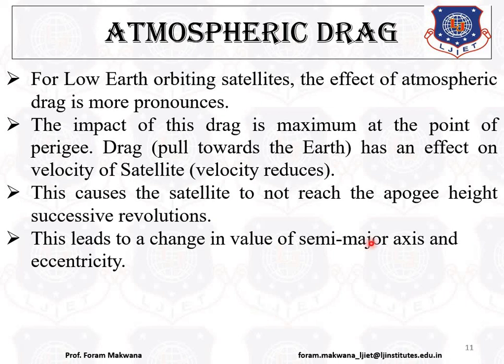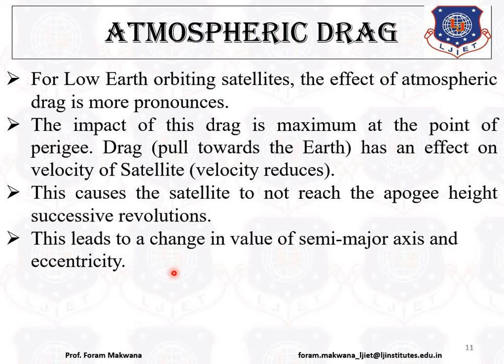This drag has an effect on velocity of satellite because due to the atmospheric pressure, it will reduce the velocity of satellite. So a satellite will not reach the apogee height. So it will cause a change in the value of semi-major axis and the eccentricity.